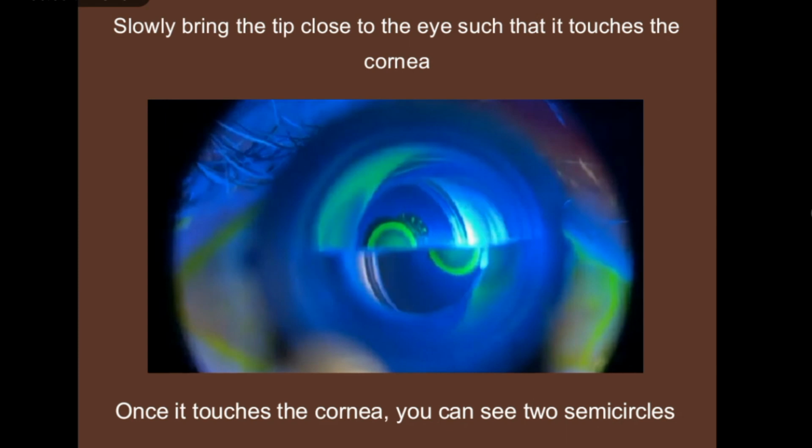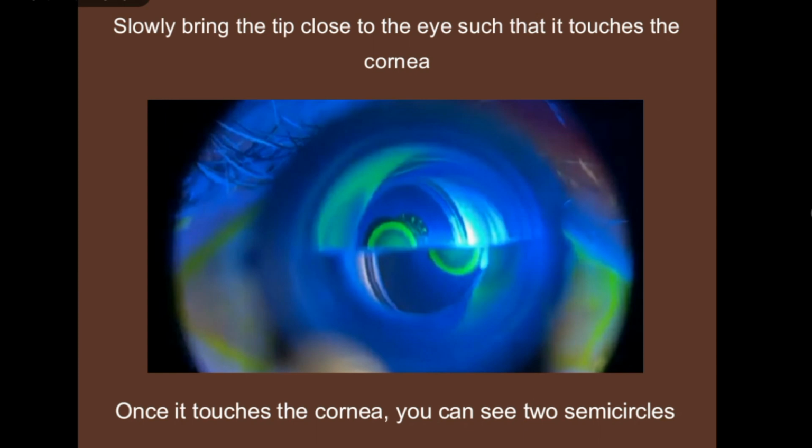Now again we are going to revise. A patient comes to you, you have anesthetized his eye, and fluorescein dye is inserted. You have asked the patient to sit in a proper manner, just like at the slit lamp or the auto ref, so that he is in a comfortable position. You have to tell the patient not to move his eyes continuously, he should look straight.